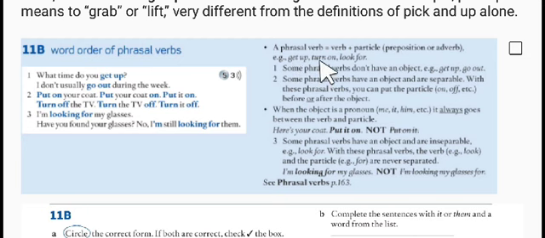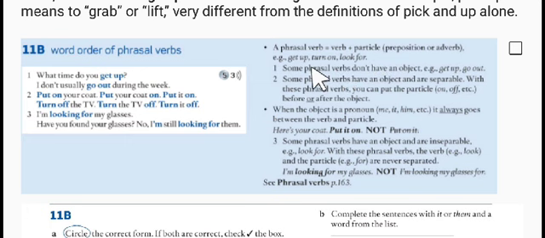Turn is one word, on is a preposition. Look is a verb, a word, and for is a preposition. So here we have phrasal verbs get up, turn on, and look for.